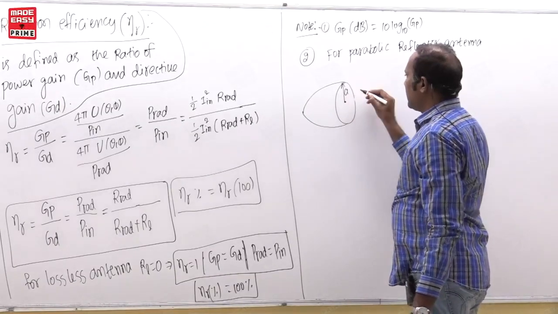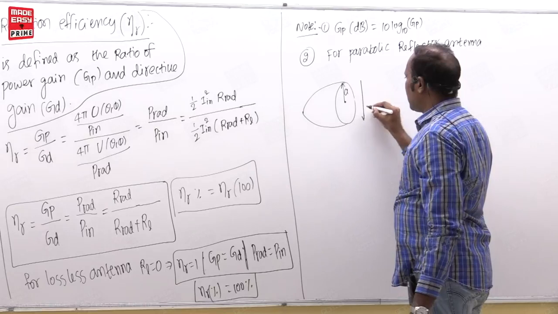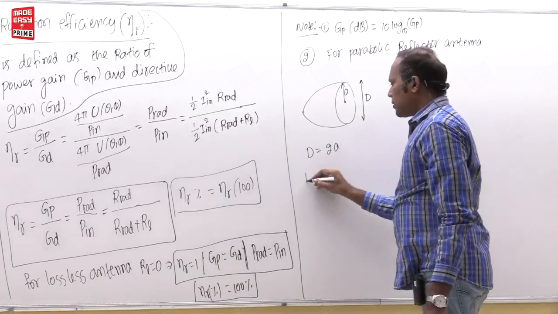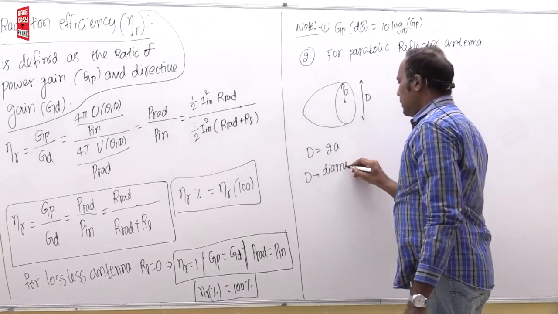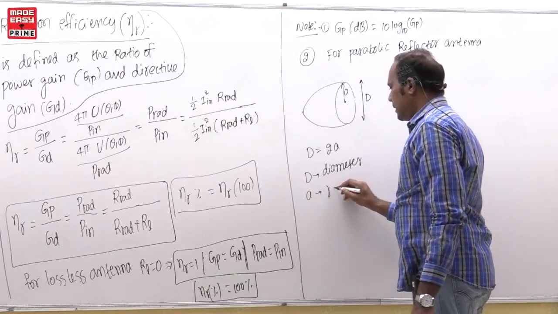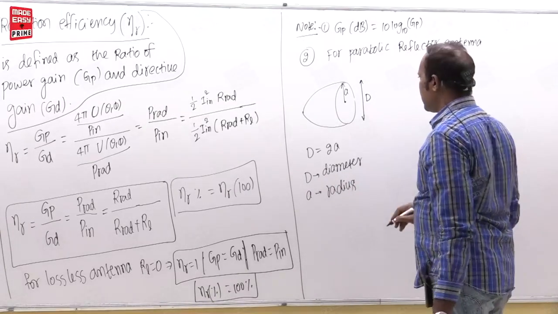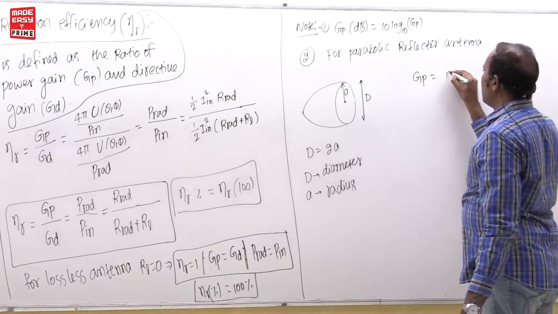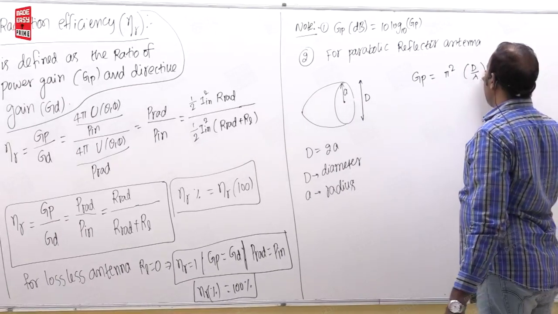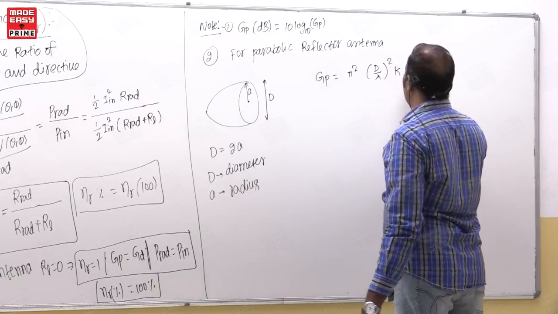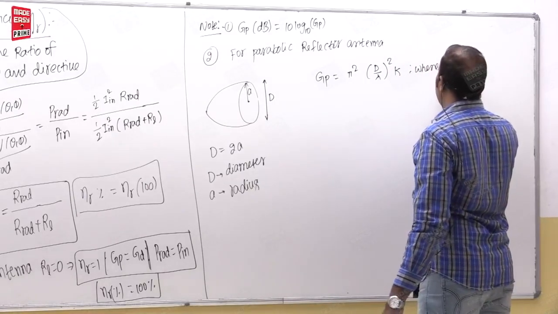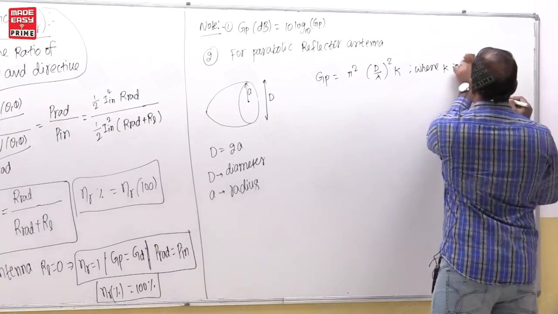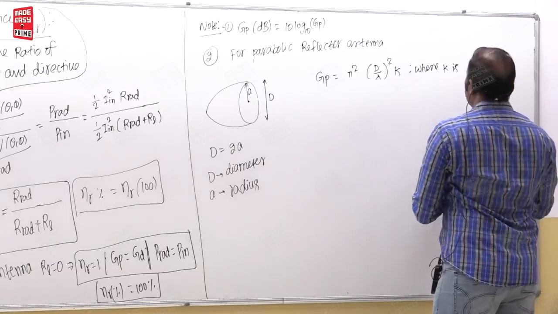This is the radius and this one is called the diameter. So D is equal to 2A, where D is the diameter and A is the radius, dear students. Now for this, power gain is equal to pi squared D by lambda, squared, times K, where K is the illumination efficiency.